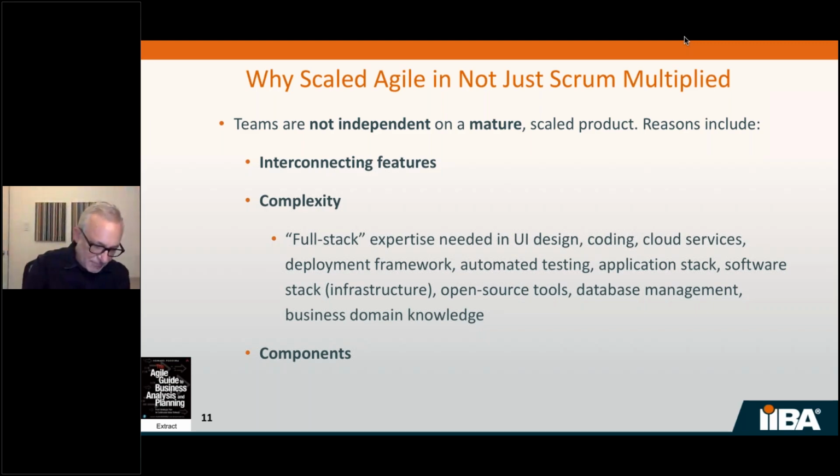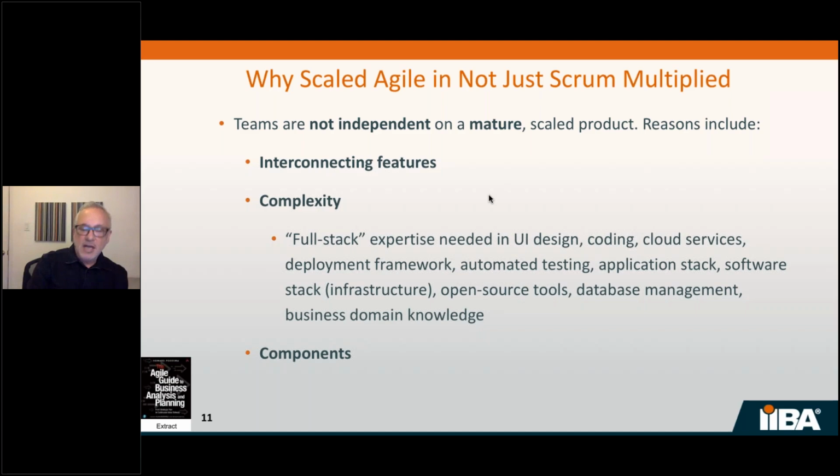In actual practice, though, those teams tend to be interconnected. They have dependencies between each other, and because they do have these dependencies, we have to put in mechanisms to deal with them. We can't just have everybody working on their own.